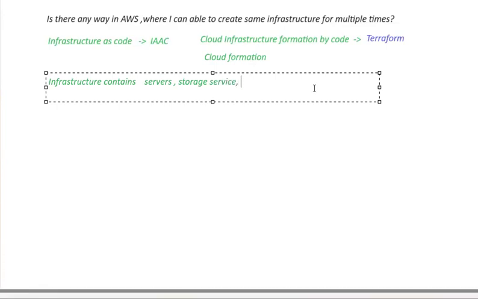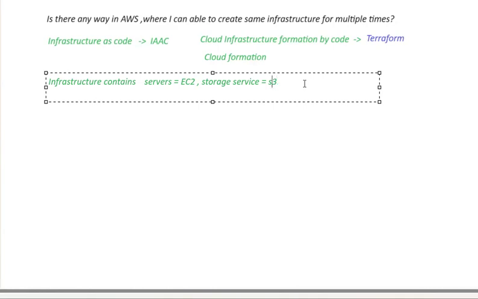Like this, whatever type of services I want, I can use and create in my infrastructure, right? Yeah. So let us take an example. I created my server in EC2 and I created my storage backup in S3.